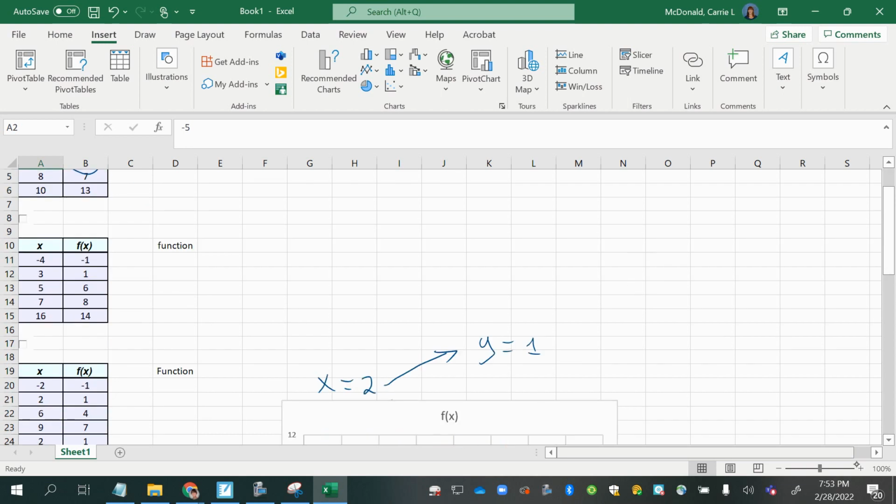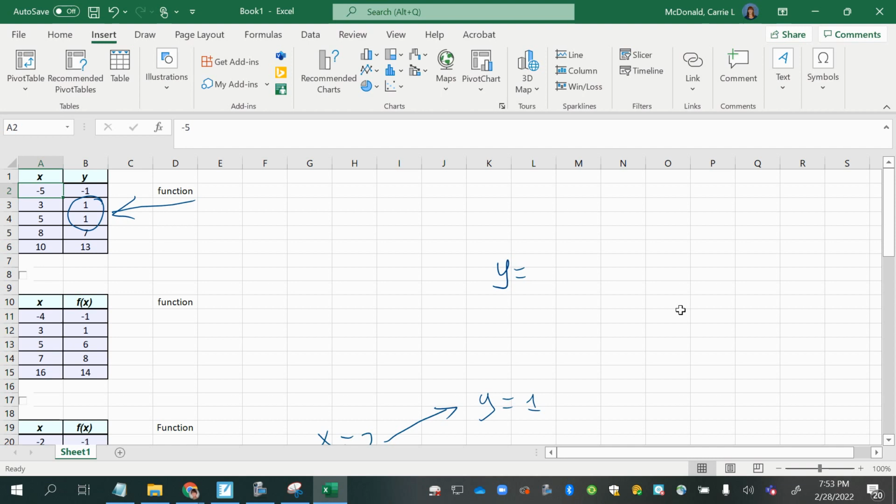In other words, y equals 1 is mapped to by 2 different x values. So x equals 3 would map to y equals 1, and also x equals 5 would map to y equals 1. So that's okay.